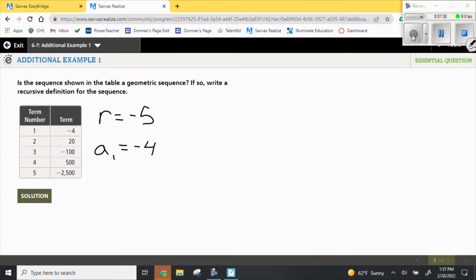So that means that our recursive definition is going to be -4 for n equal to 1, my bad, and -5 times a sub n minus 1 for all n greater than 1.